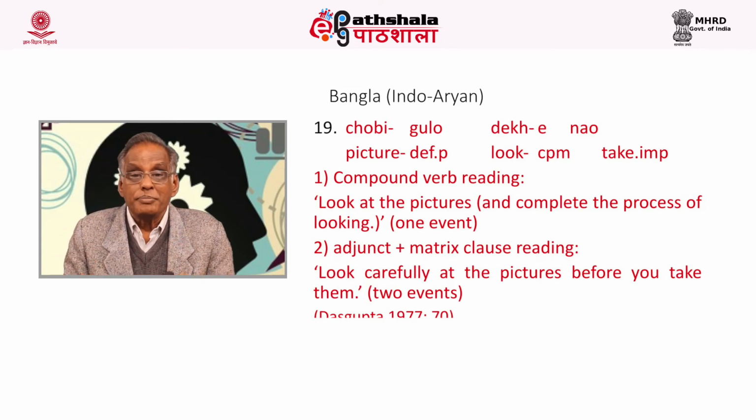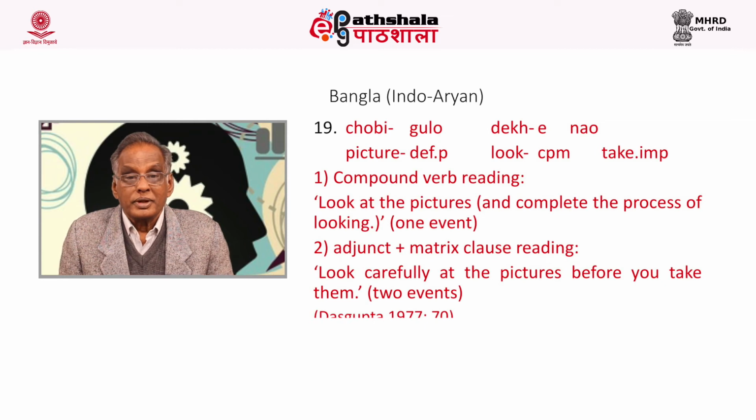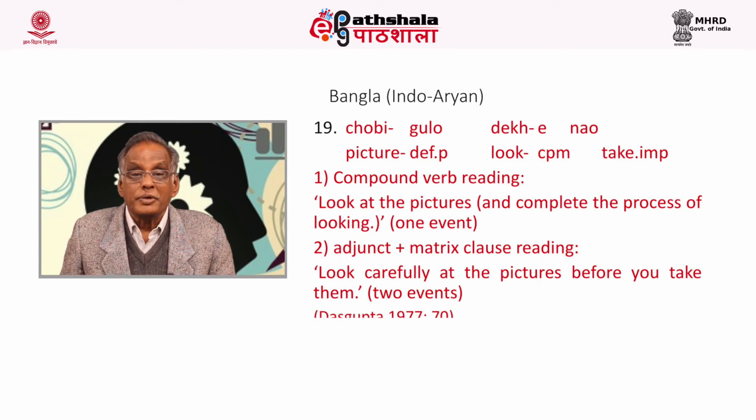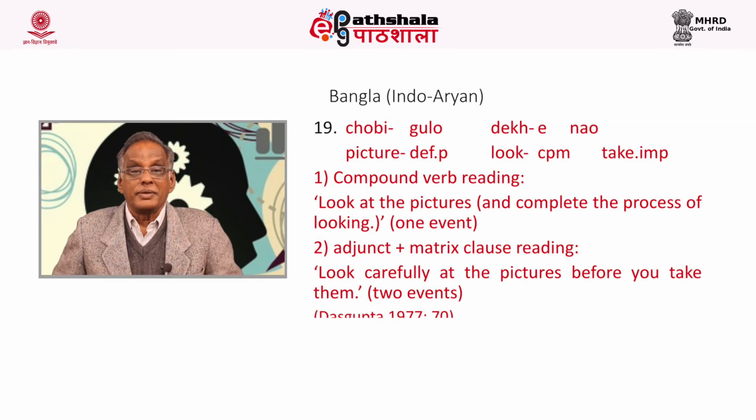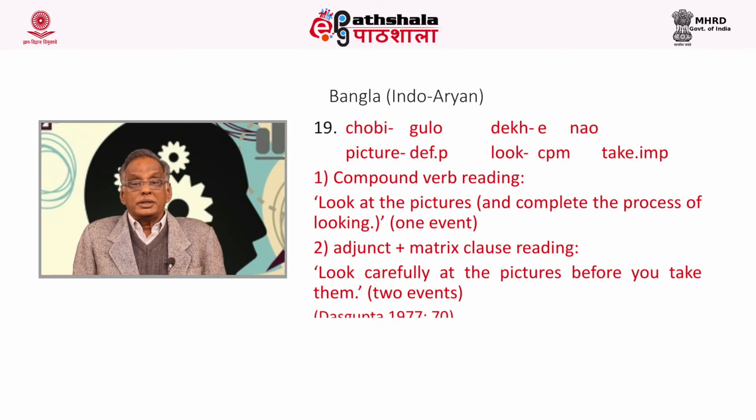So this kind of ambiguity occurs because your main verb is in the conjunctive participle form. The same type of ambiguity you will see in Dravidian languages also, because in Dravidian languages also, when the vector verb occurs, the polar verb or the main verb is in its conjunctive participle form.